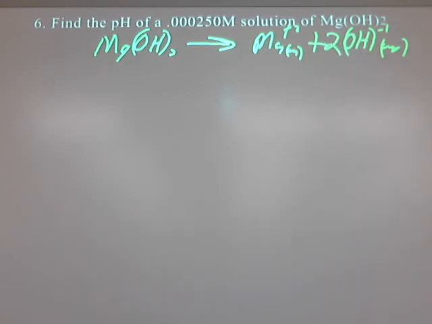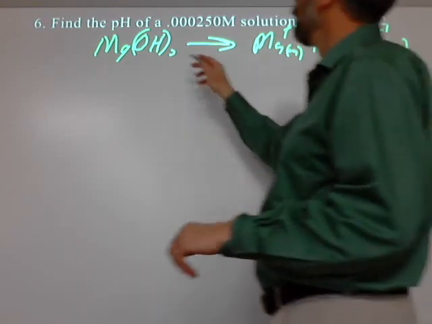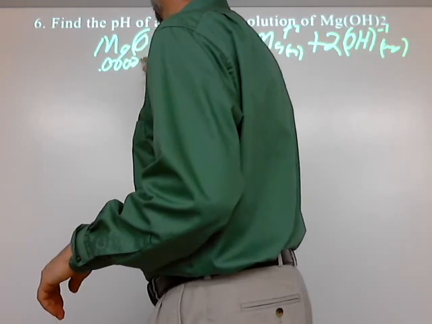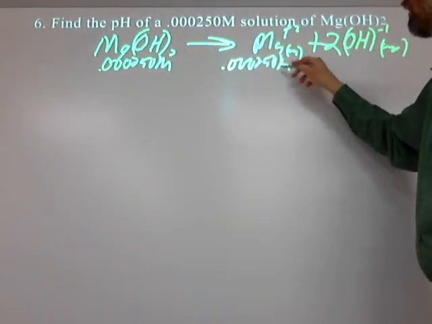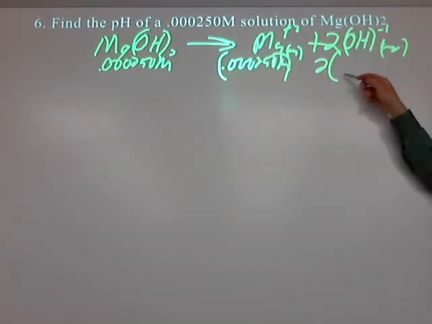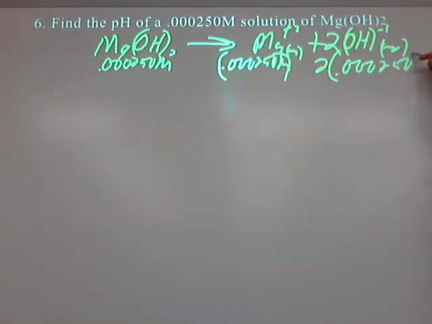You would have done this last chapter. Now, I'm told I have 0.000250 molar of that, which means I have 0.000250 molar of that, but I have 2 times 0.00025 molar of this, which means I have 0.00050 molar. Got it? That's your hydroxide. So you remember to multiply by 2.